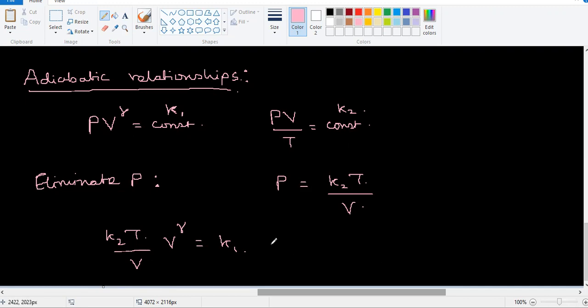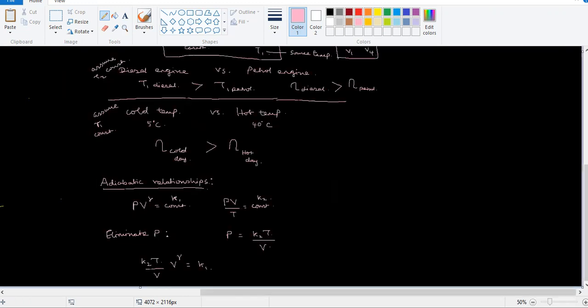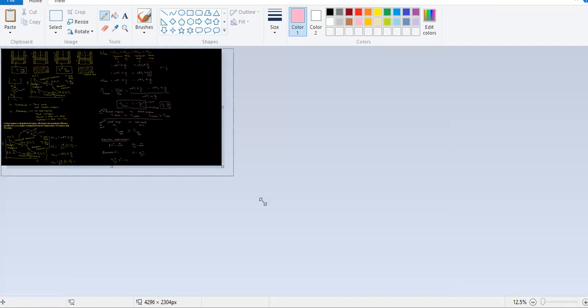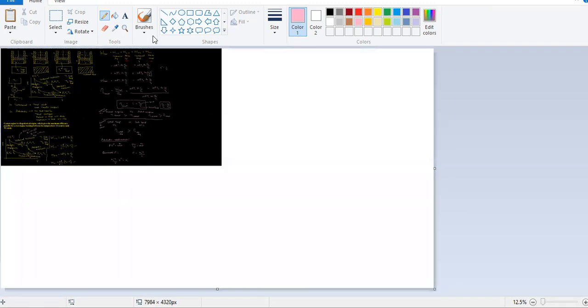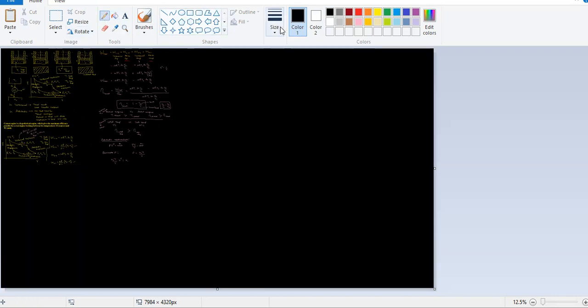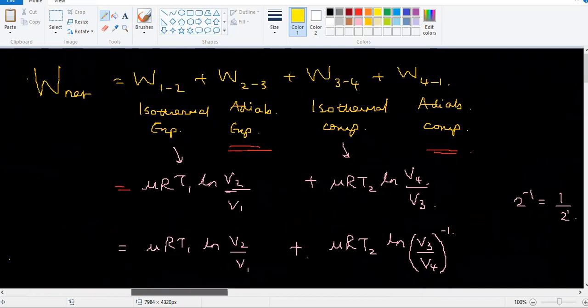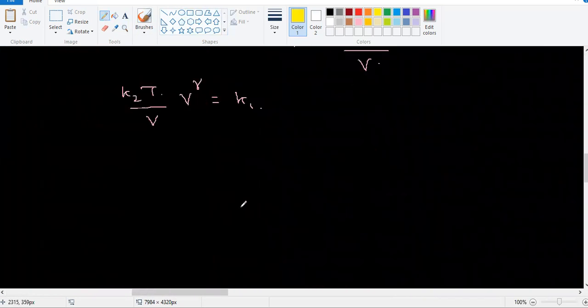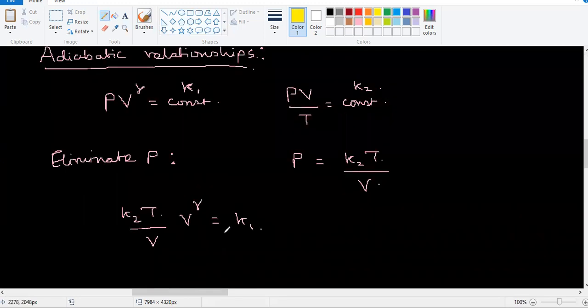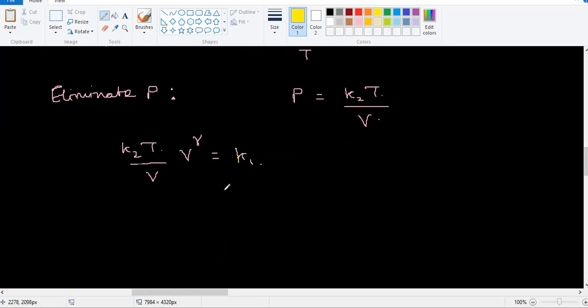So this will become V power gamma minus 1.